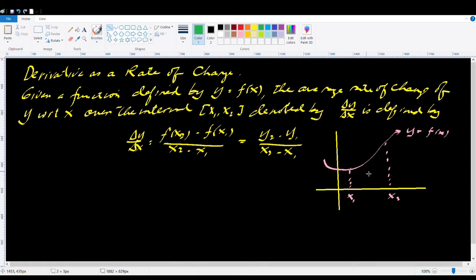From the point x sub 1, f of x sub 1, to the point x sub 2, f of x sub 2, we indicate this as point P with coordinates x1, y1, and point Q with coordinates x2 and y2.